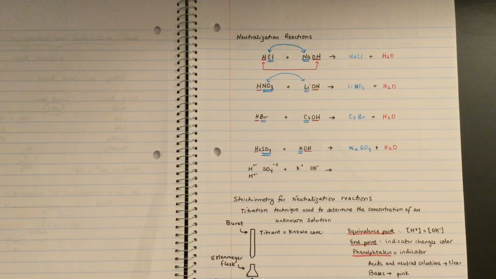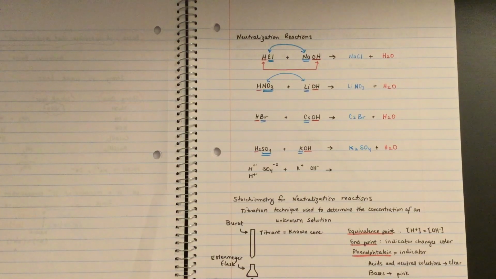So we're getting water, which is a neutral substance, as a product of a neutralization reaction. So that's why they're actually called neutralization reaction because the H from the acid is combined with the hydroxide of the base, giving you your neutral compound water. It's not that your solution is going to be neutral.